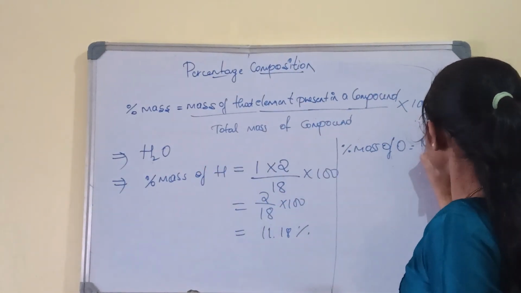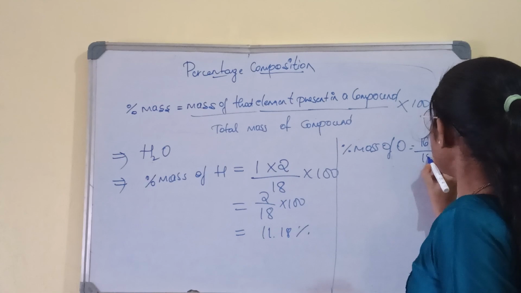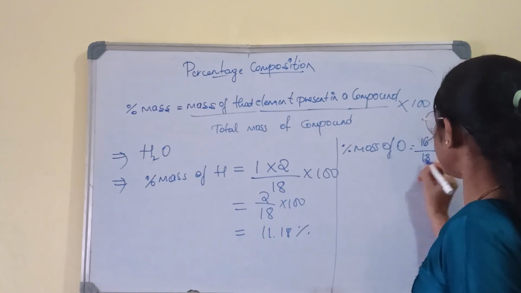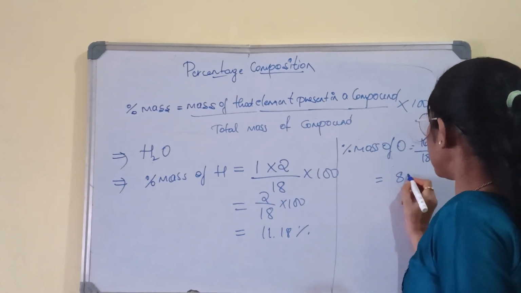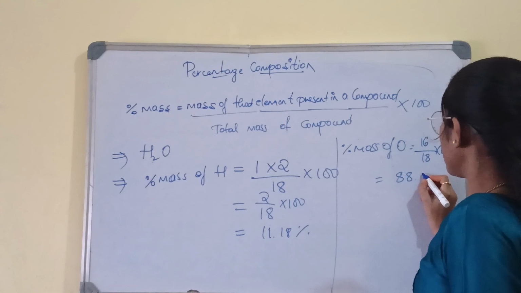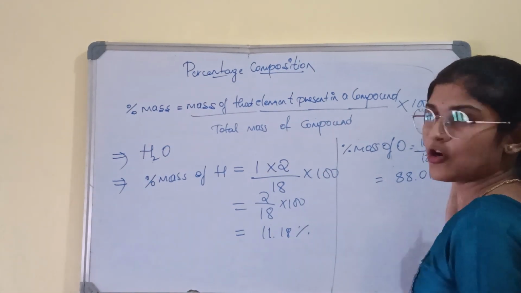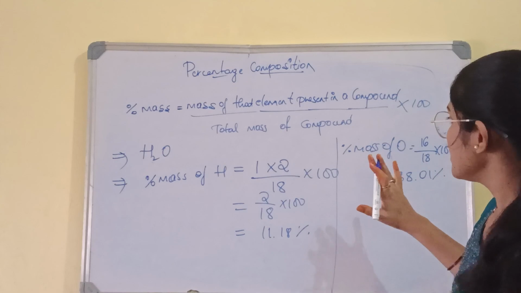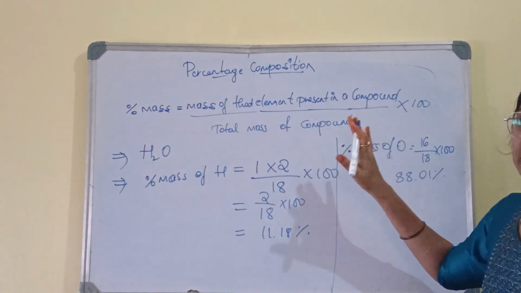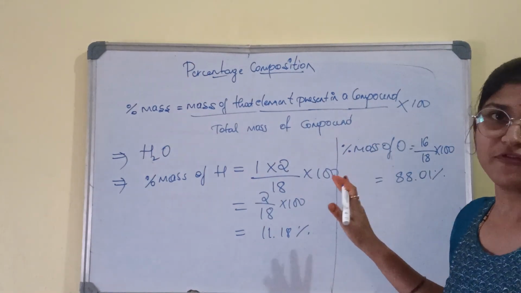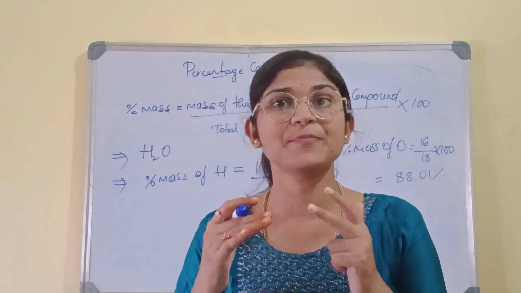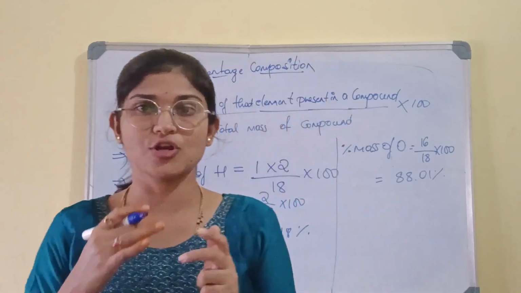It is 16, divided by total mass 18, into 100, is equal to 88.01 something you will get. So this way you have to find the percentage composition of a particular element present in a molecule or compound.